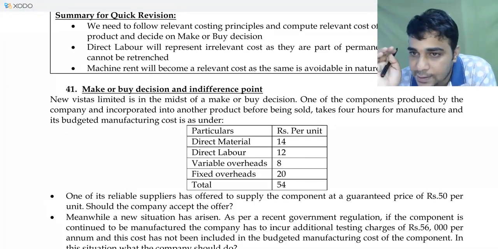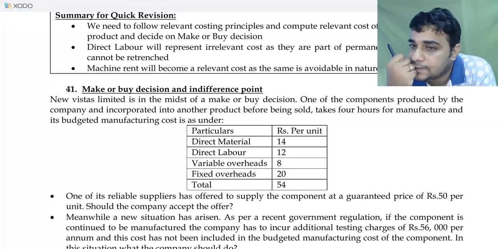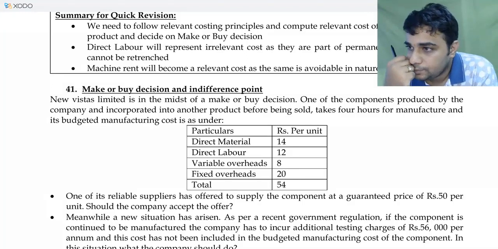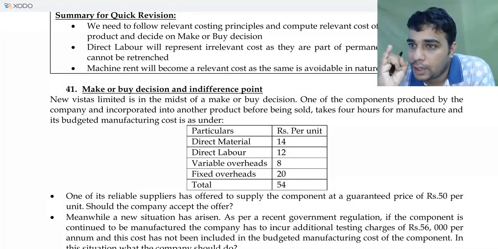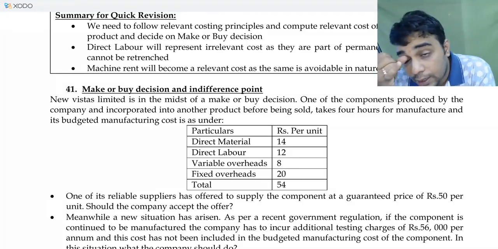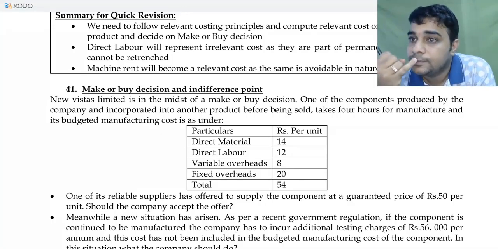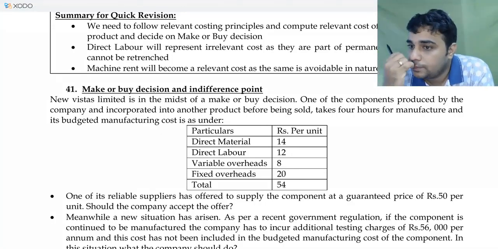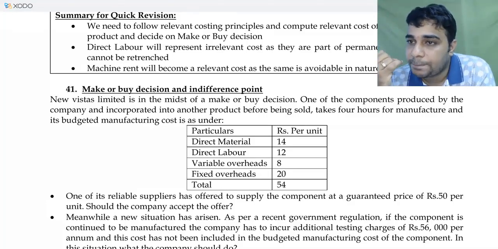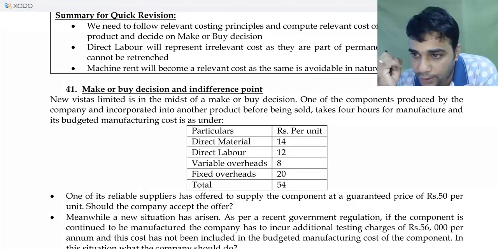I had already discussed the qualitative factors. What are the qualitative factors? We had discussed this earlier. Impact on the quality of the product, leading to quality issues for the customer. Impact on the suppliers who are supplying the raw material for making the product.